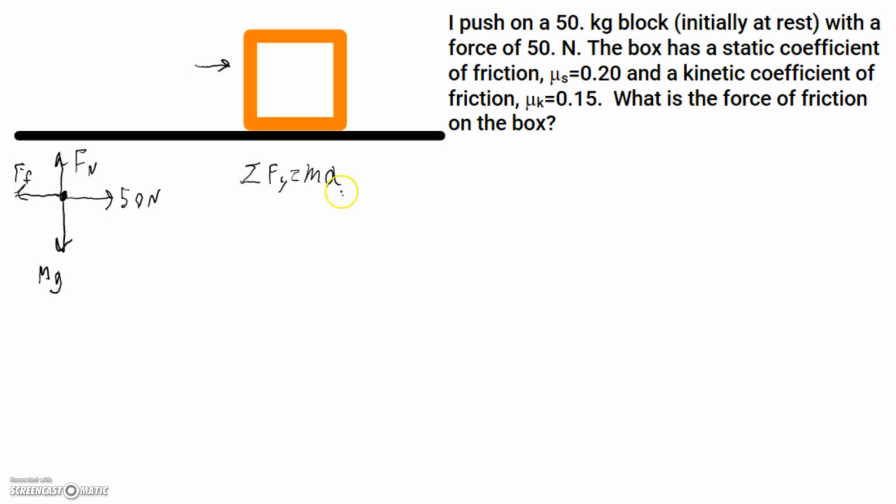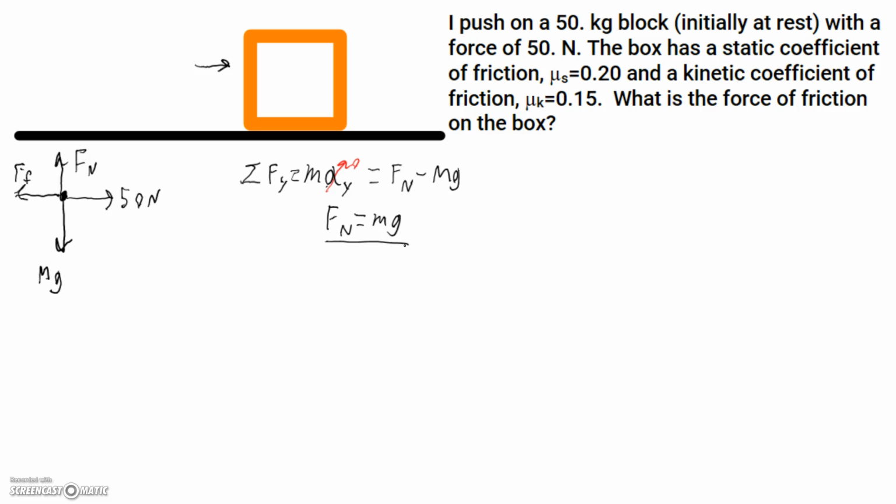We know that the acceleration in the y direction is going to be 0. And the forces we have acting in the y direction are the normal force minus mass times gravity. And so here we know the normal force is equal to mass times gravity. That's going to be a useful equation later on.